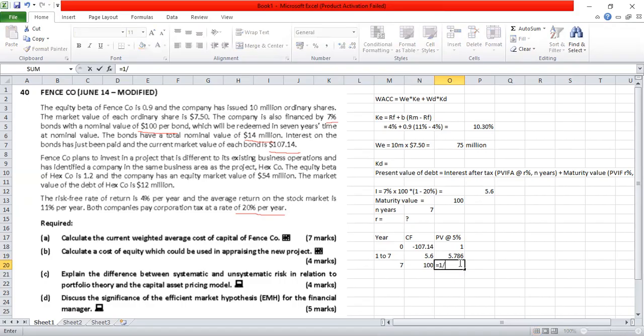It is equal to 1 divided by 1 plus 7%. Is it 0.9345? No, what did I do? Not 5%.